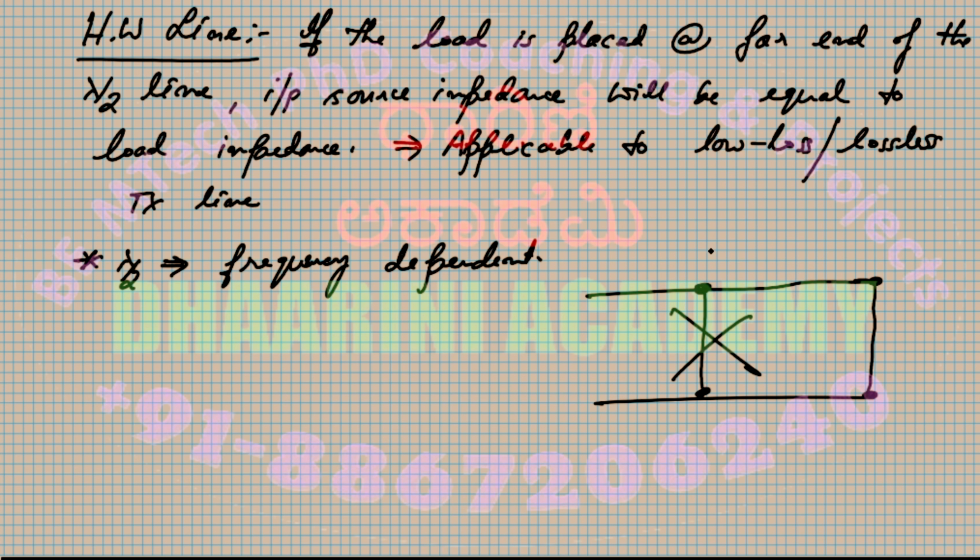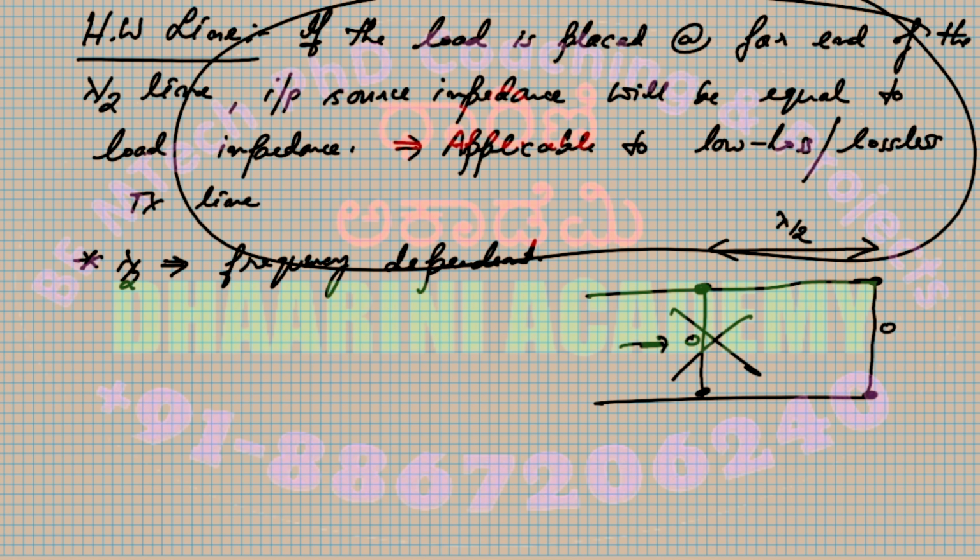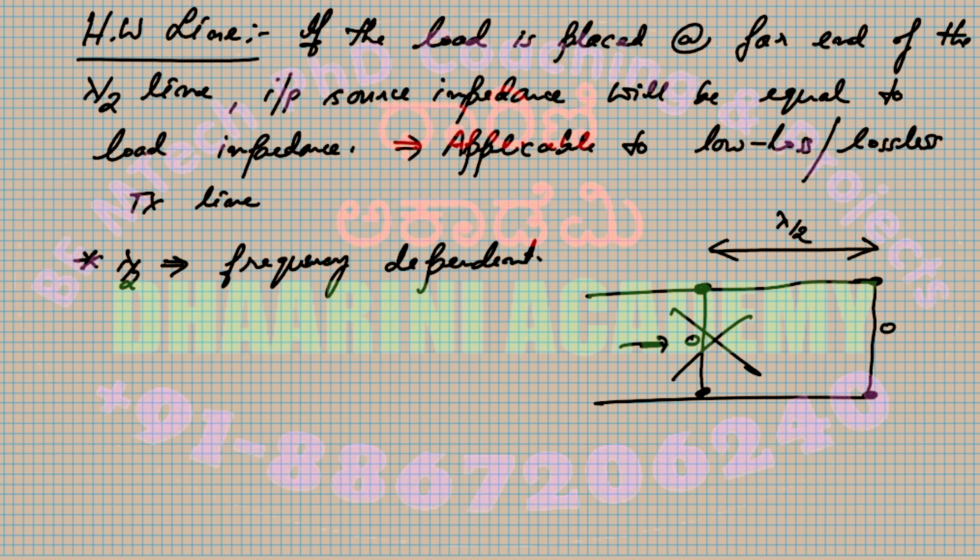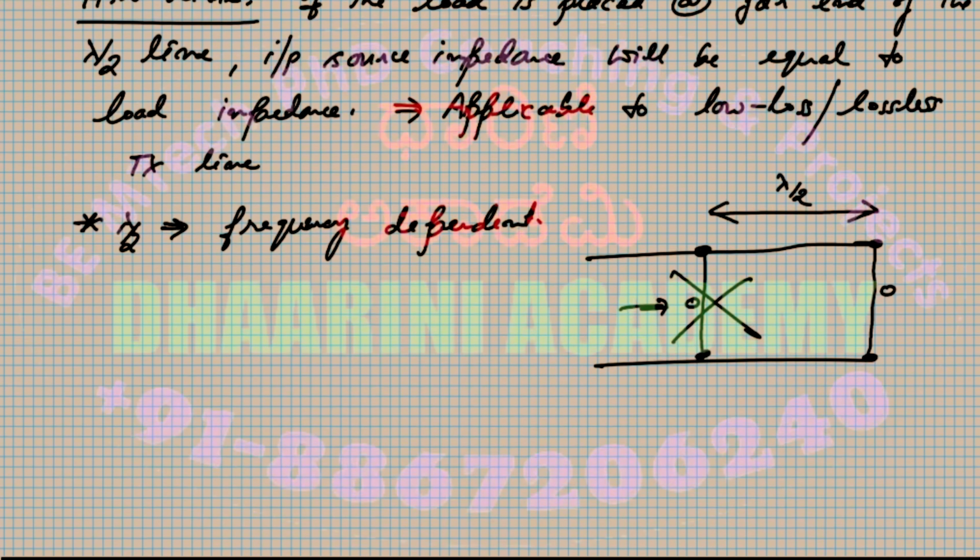Now if you keep this length as lambda by 2, by the property of lambda by 2, if there is 0 impedance here, you can see the 0 impedance here also. That's what we discussed so far, and it is very widely used in practical scenarios.